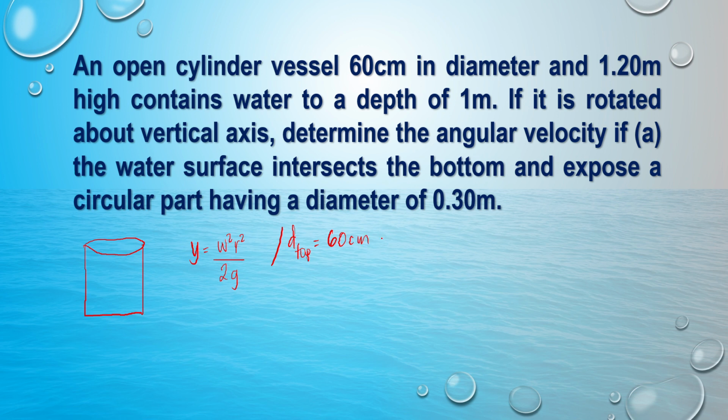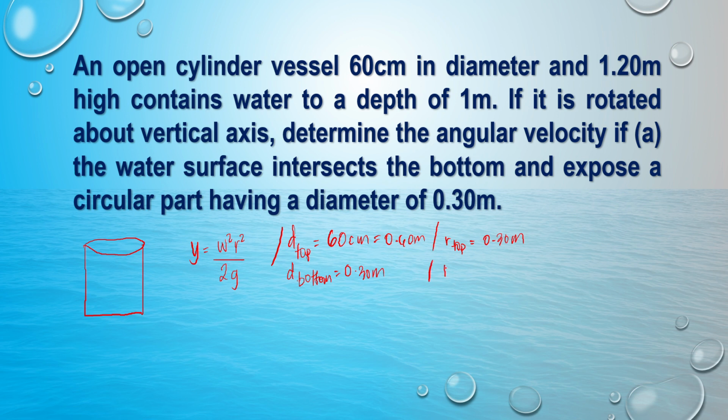If you're going to convert this into meter, this is 0.6 meter. And if we're going to get your radius at the top, this becomes 0.30 meters. Okay? Then your diameter at the bottom, according to the problem, is 0.30 meters.